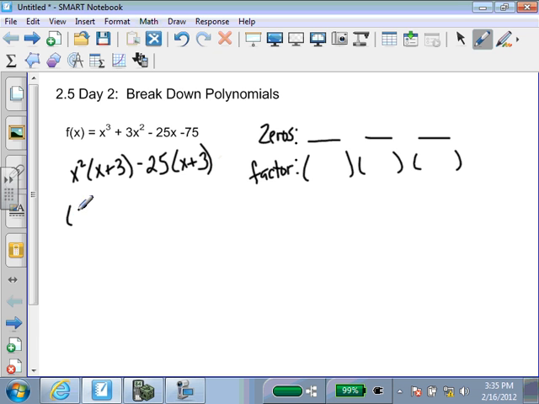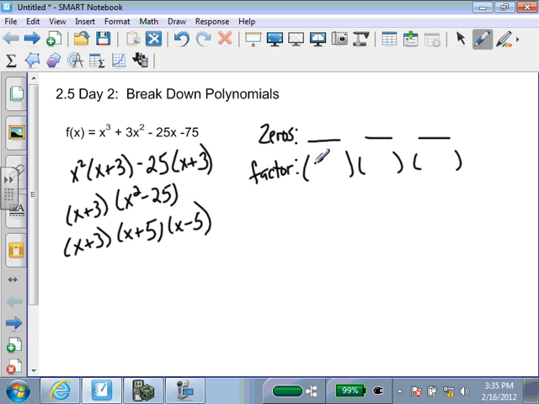So then I have x plus 3 times x squared minus 25, which would be x plus 3 times x plus 5 times x minus 5, which would mean my factors are x plus 3, x plus 5, x minus 5. And the zeros that go with that, negative 3, negative 5, and 5.